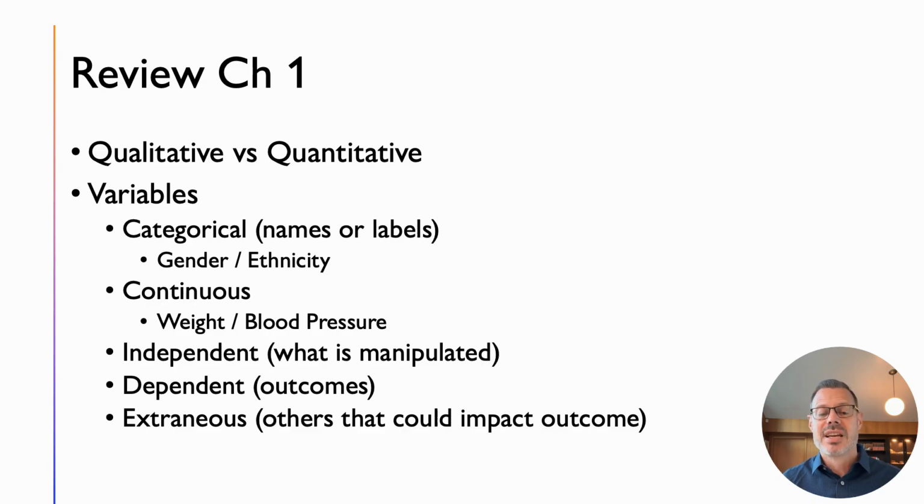All of those things would be extraneous variables that would impact the outcome. So how do we take those into consideration when we're doing our research? We'll talk about that more later on when we get deeper into the experimental designs. But you should keep those in mind.